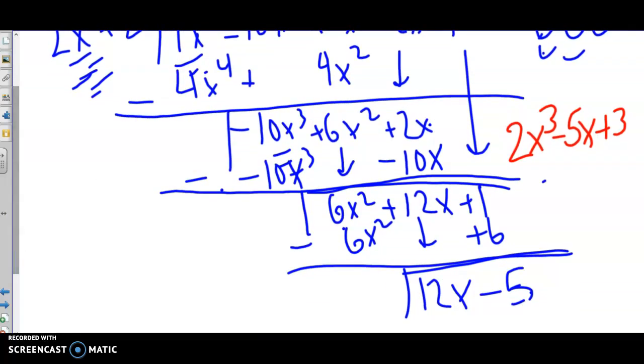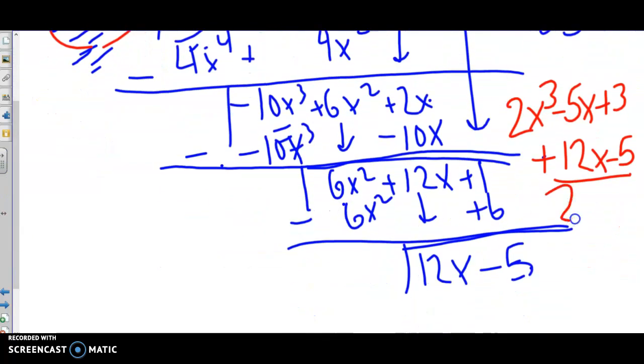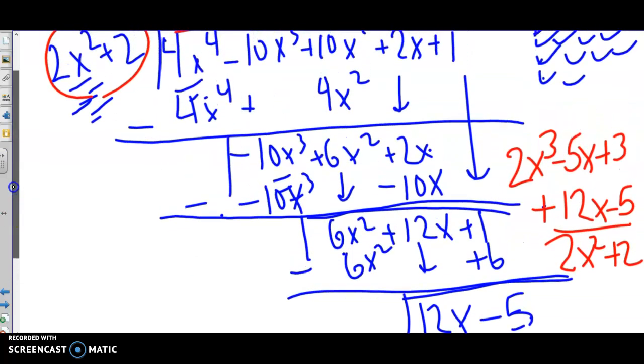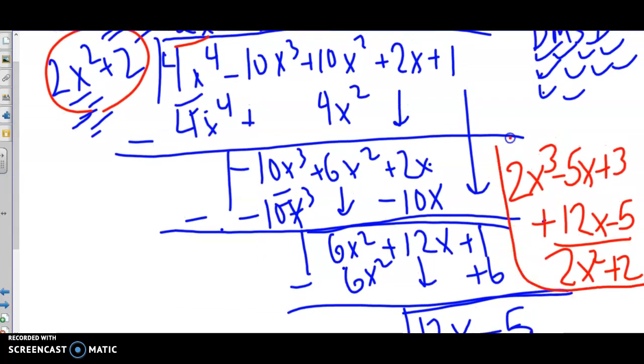And the remainder is, and you say plus, so if it's positive, you put plus, 12x minus 5, it was negative, we put minus, over our divisor, which is 2x squared plus 2. That's the denominator of our remainder, so that's our whole entire answer right there. That's our quotient, this is our remainder over here.